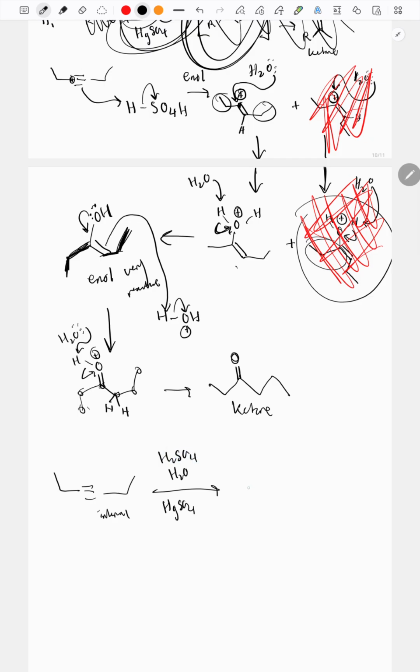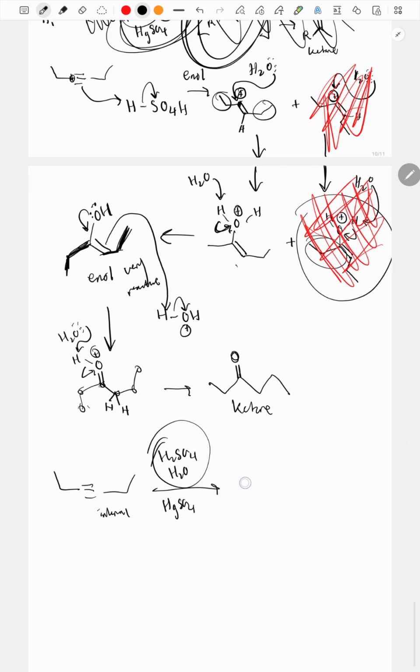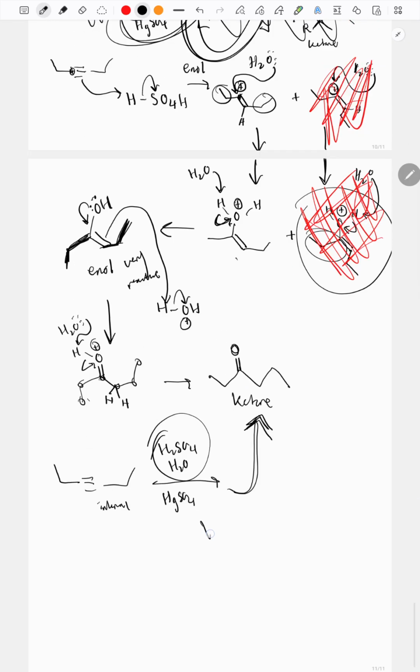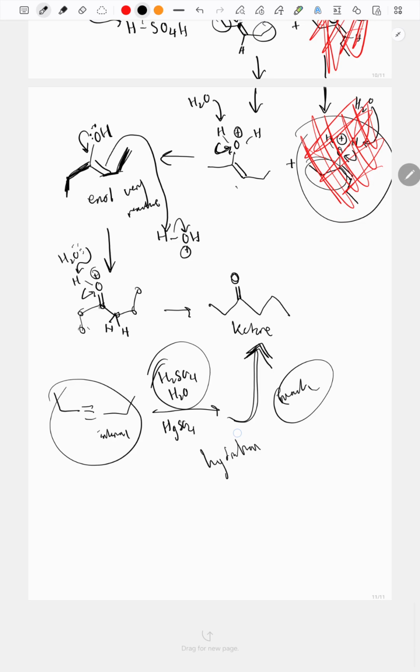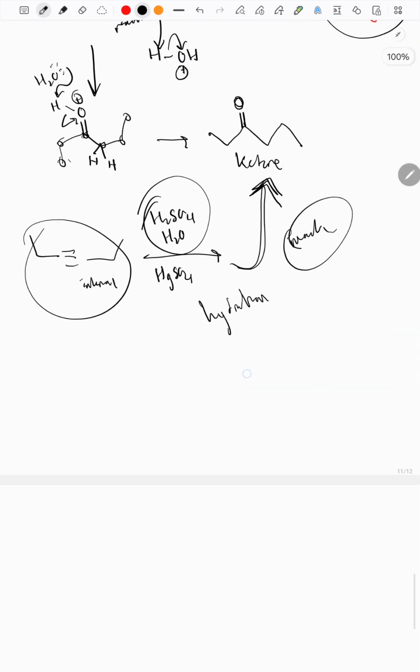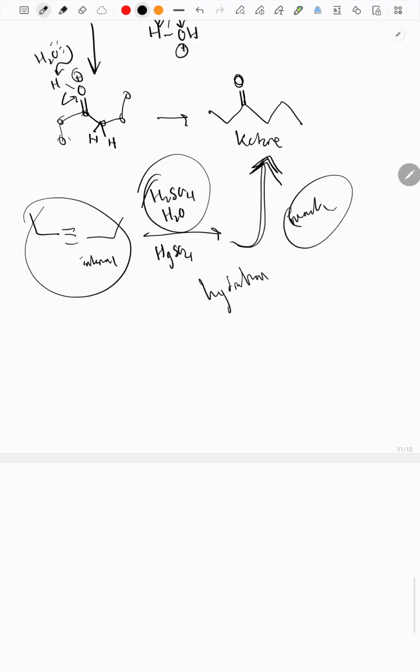Alkenes reacted with these reagents will get an alcohol on Markovnikov, but we learned that in this case we get a ketone. Alkynes react with hydration of alkynes to form a ketone in Markovnikov. But you can't really tell Markovnikov because we said internal alkynes don't really apply, neither do hydroboration, which we will talk about.